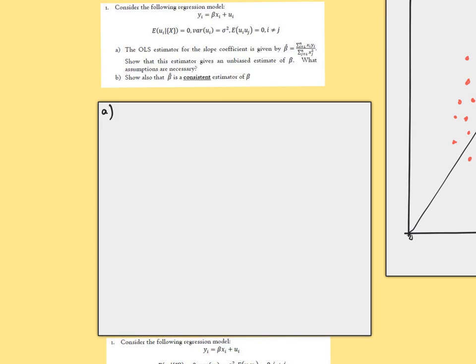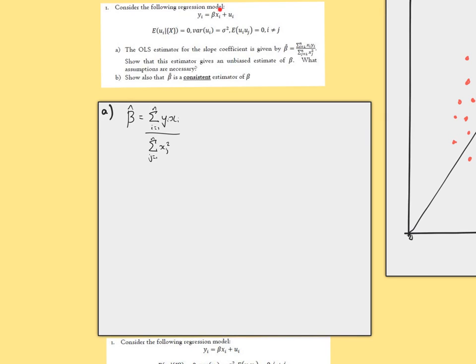The estimator that we're dealing with here is given in the question. Beta hat is equal to the sum of the xy's over the sum of the x squared. Let's write that out in full. Whenever we're trying to assess whether an estimator is unbiased, it's usually best to start by substituting in the data generating process.